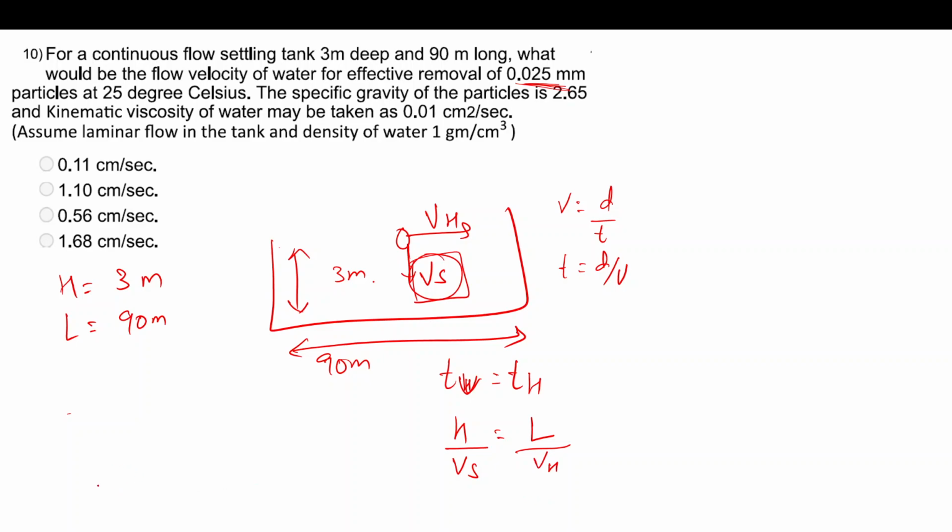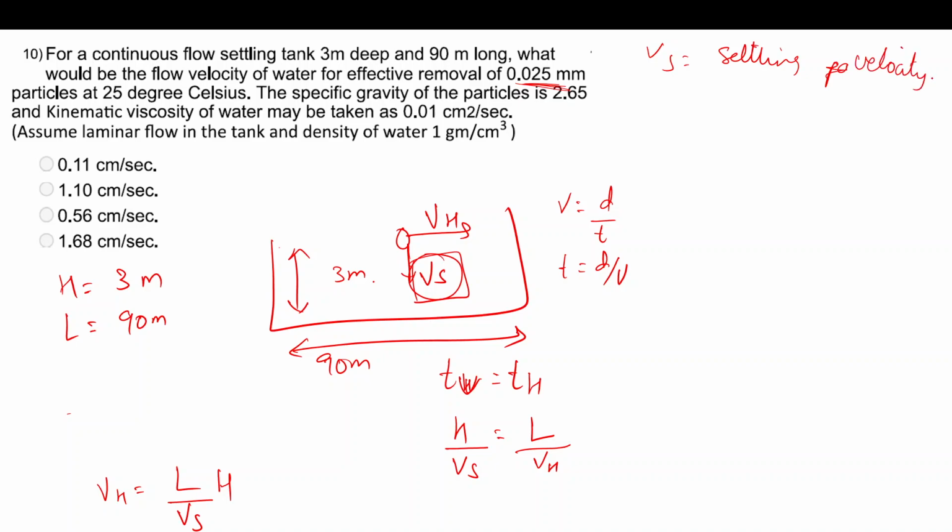So to find Vh, you need to calculate L into Vs by h, and here L and h are given to you whereas Vs is not given. So the first step is to calculate Vs, which is the settling velocity.